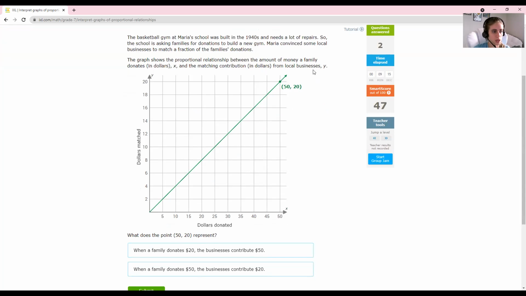All right. Well, if I look at my ordered pair, I see the 50 is my X value, and 50 represents the dollars donated. So we have $50 donated. Then in an ordered pair, remember your Y value comes second. So the Y value is our 20. So look right here, 20 on our Y, and that is the dollars matched by the business.